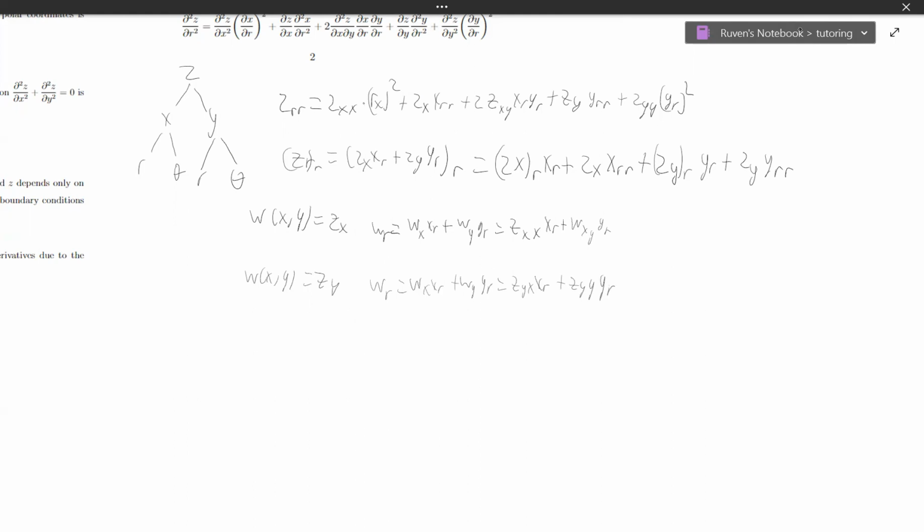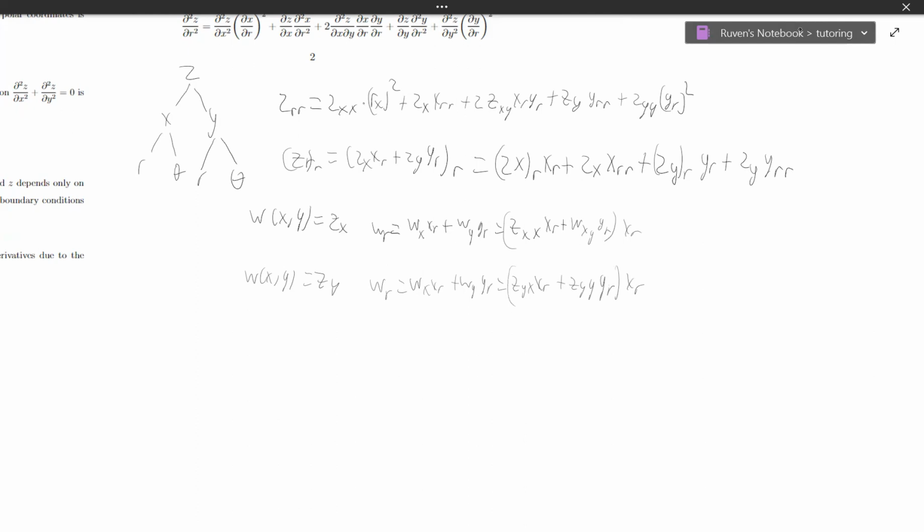Now, if we combine everything and write it in a nice long line, what we get is this. If we see, we multiply by an x_r, and over here as well.